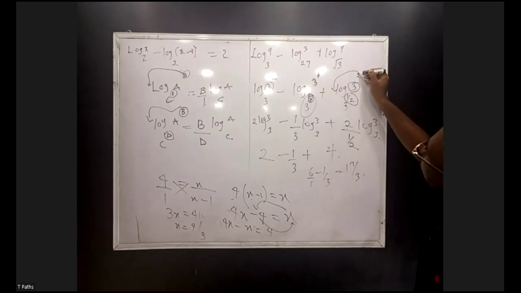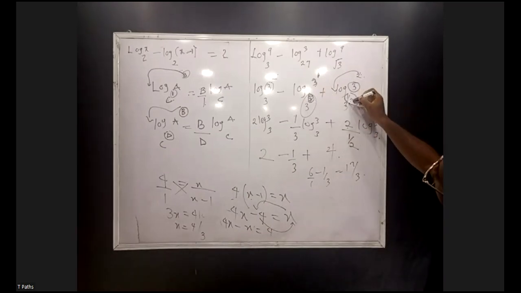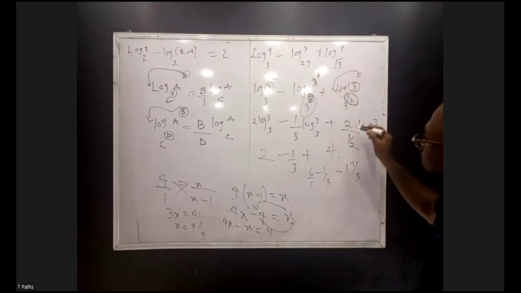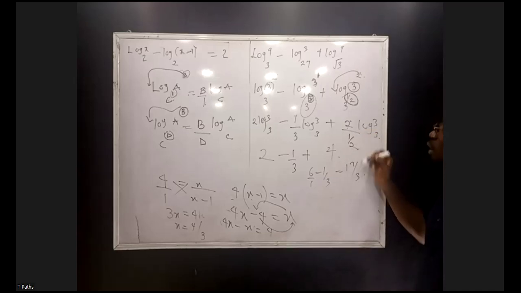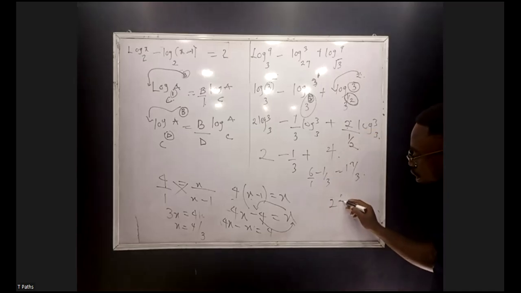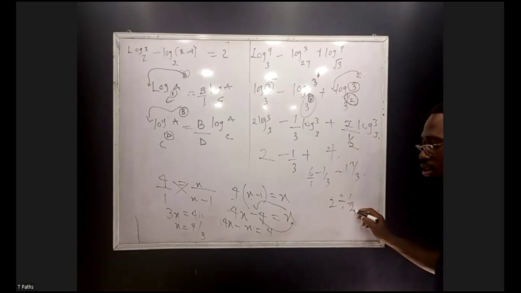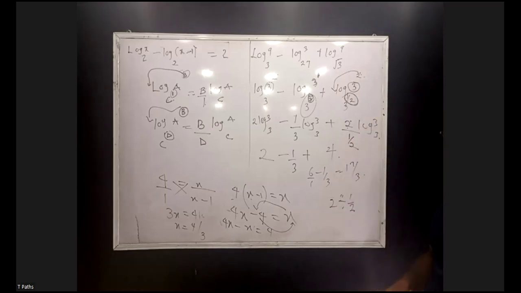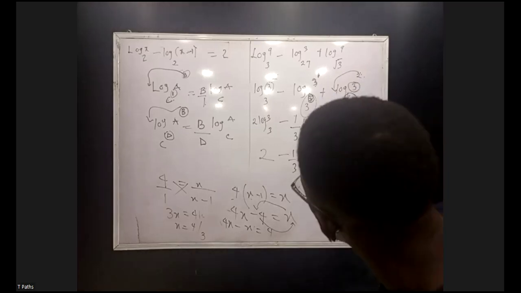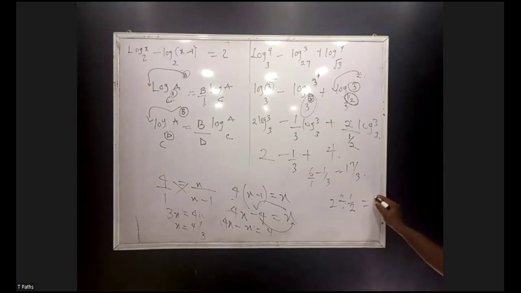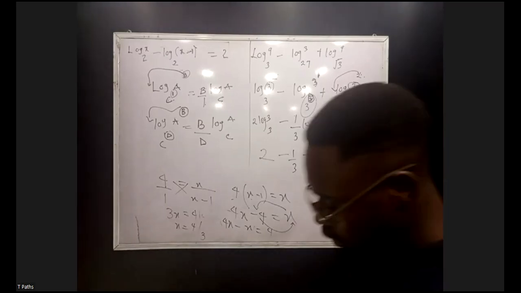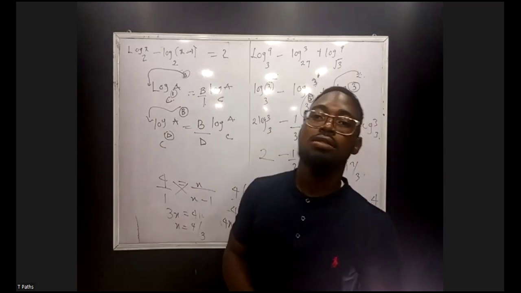Same thing here: 2 divided by the power of the base. And 2 divided by half, like I evaluated, some of you say is 1. 2 divided by half is not 1. 2 divided by half is 4.